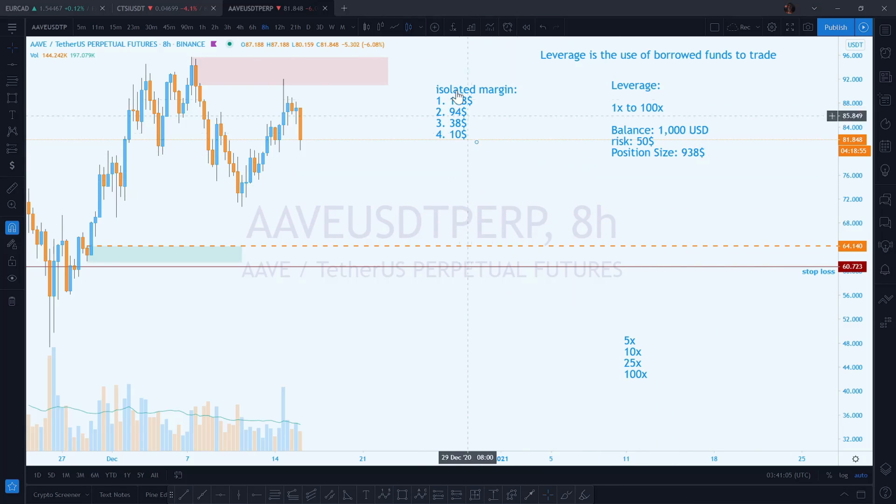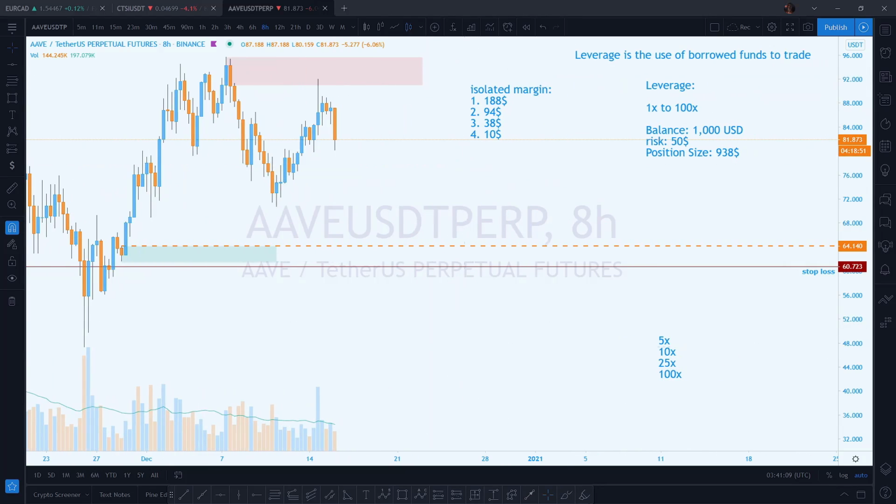If you get liquidated, this is the amount you will be losing. But if they get taken out on stop loss, that means they will lose $50, which is the amount they have risked. So let's calculate the liquidation price for these 4 guys in this example.